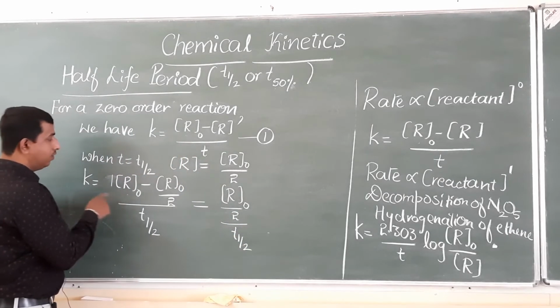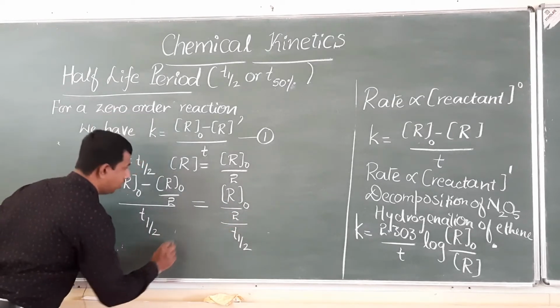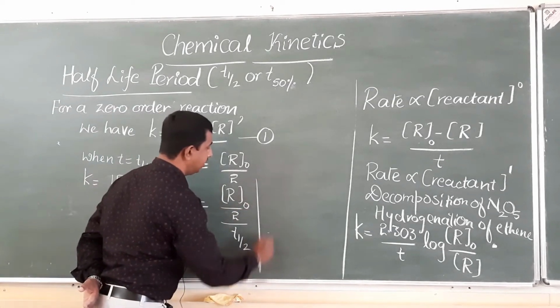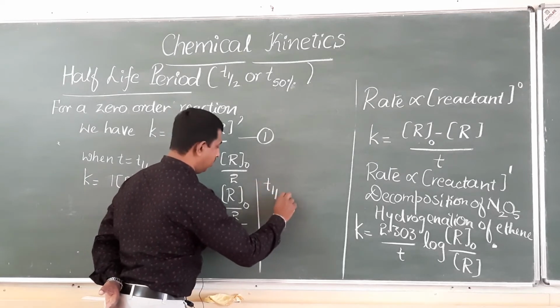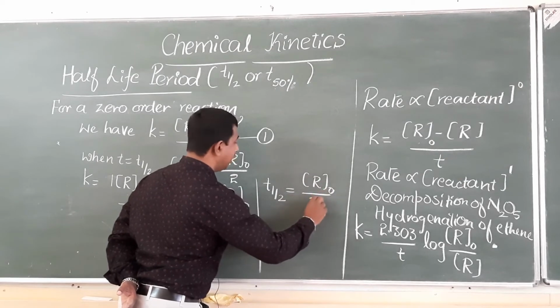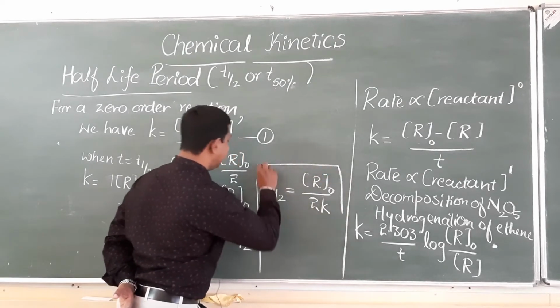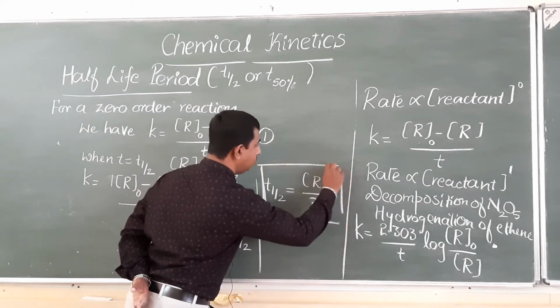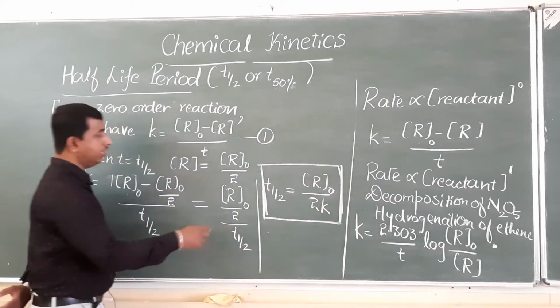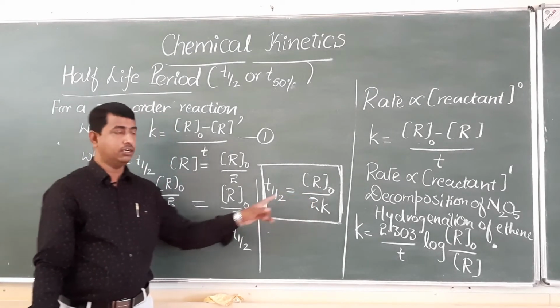So K is equal to R naught by 2 divided by T half, or here I can write T half equal to, cross multiplying, R naught divided by 2K. So T half for a zero order reaction is equal to R naught by 2K.